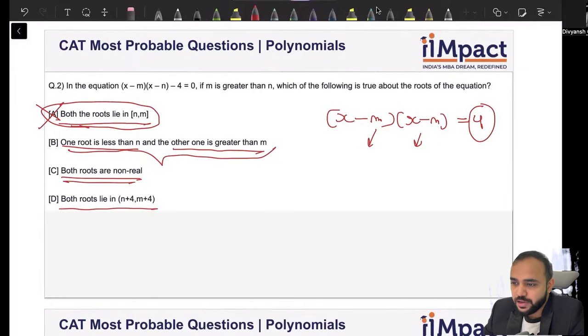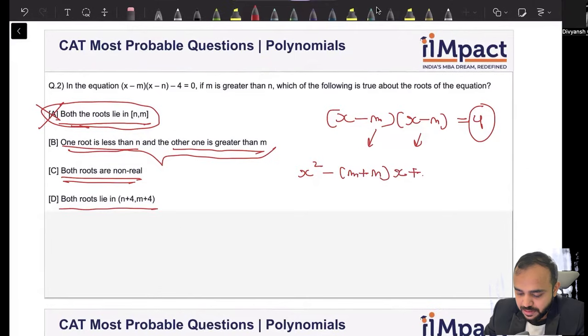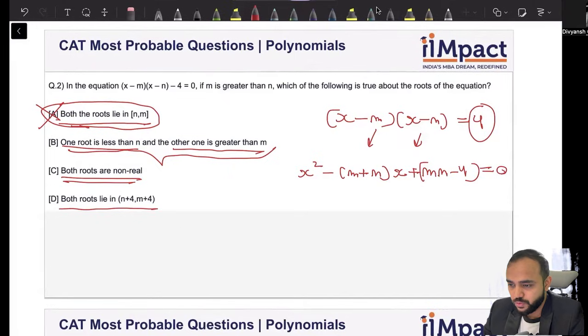So in that scenario, might as well do the most used trick here, which is to find the discriminant. So this will be x square minus m plus n into x plus mn minus 4 is equal to 0. Your discriminant will be m plus n whole square minus 4 into mn minus 4.